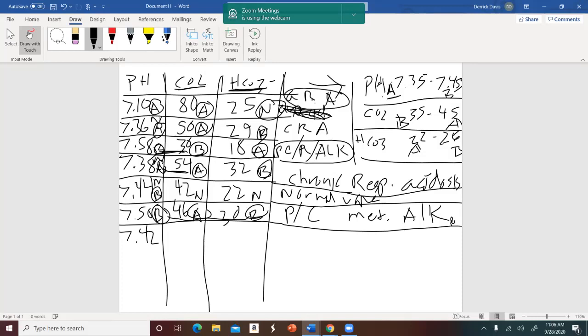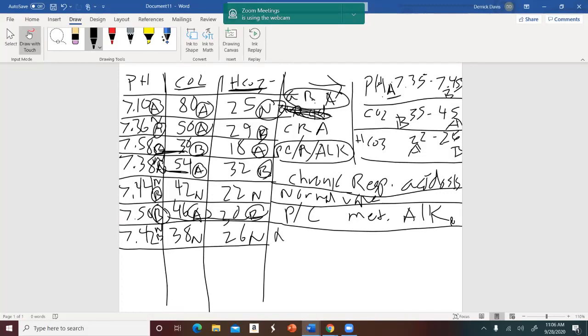7.42, 38, and 26. All right, 7.42 is normal. It leans towards the basic, so I'll label that. CO2 at 38 is normal. And a bicarb of 26 is also normal.